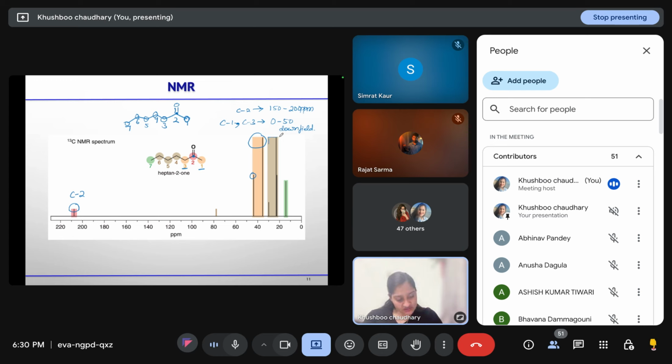Then this is the region where your carbon 4, 5, and 6 lie, but you can't distinguish between them clearly because all the carbons have the same kind of environment around them. And this methyl is the most shielded one because it is farthest away from your carbonyl carbon. So this is your carbon 7. Is this clear?